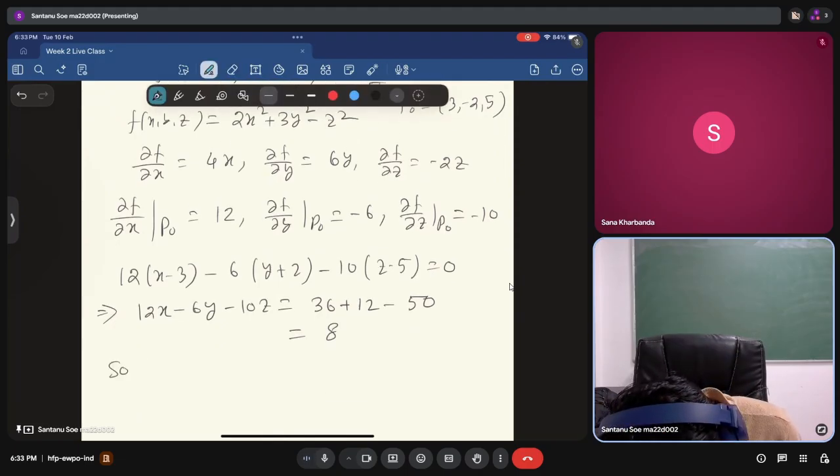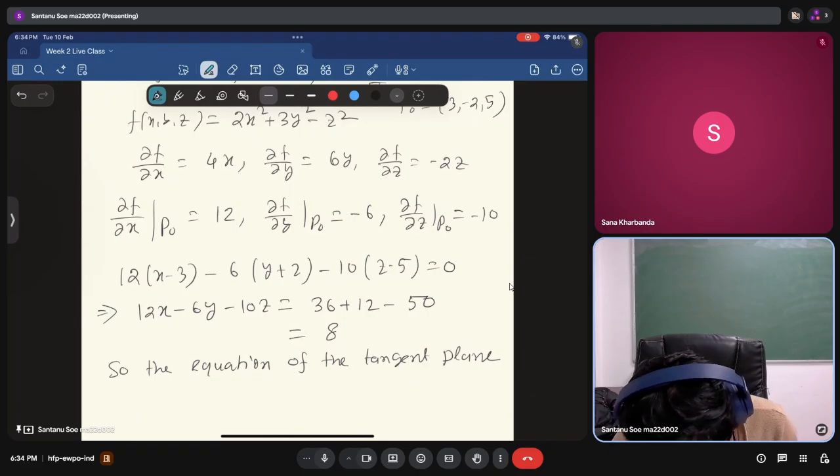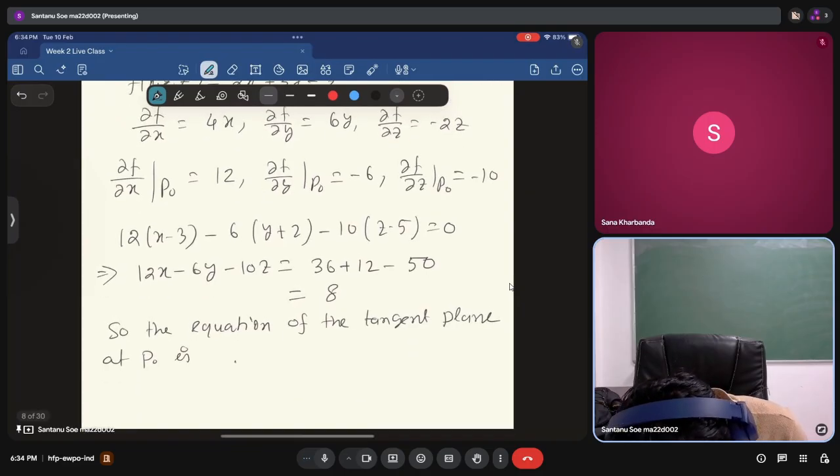So the equation of the tangent plane at P naught is 12x minus 6y minus 10z equals 8.